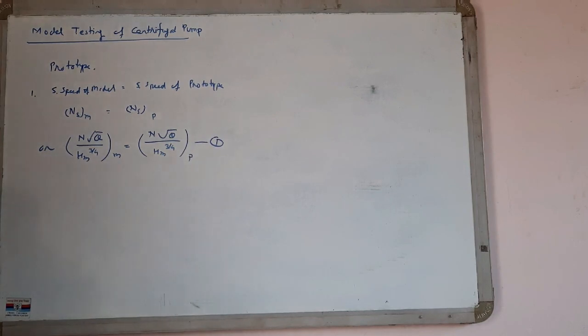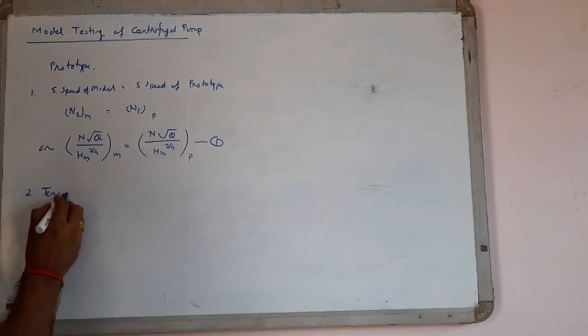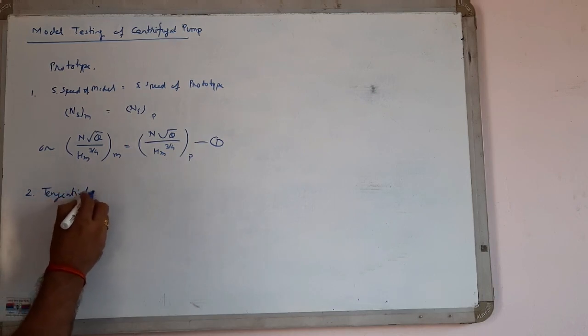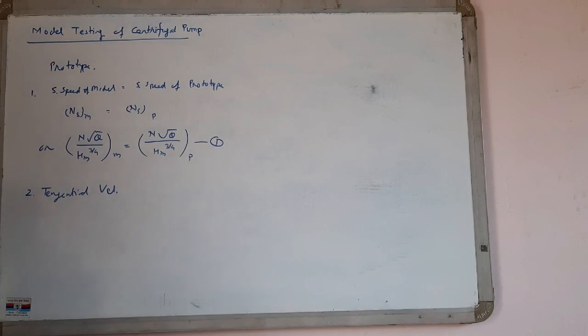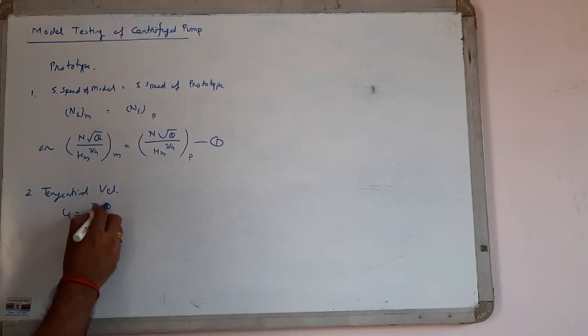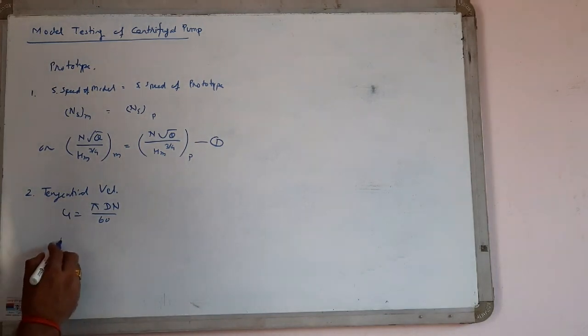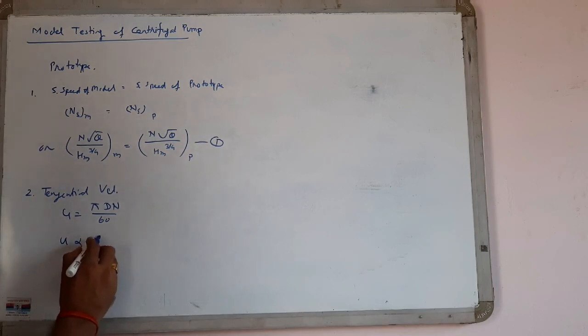Second, the tangential velocity is given by U equal to pi D N by 60, and we also know U is proportional to root Hm.